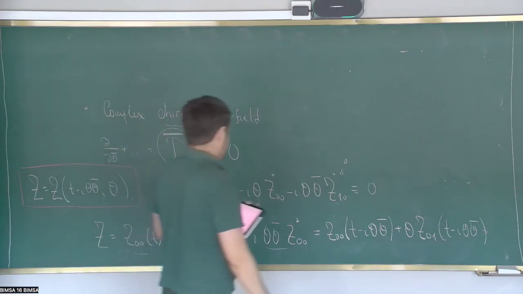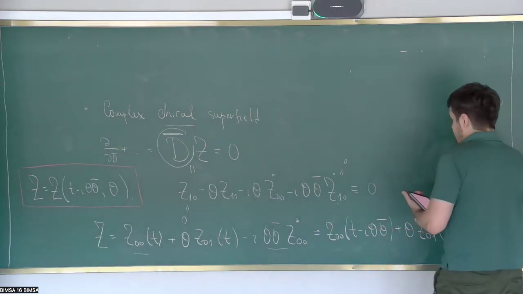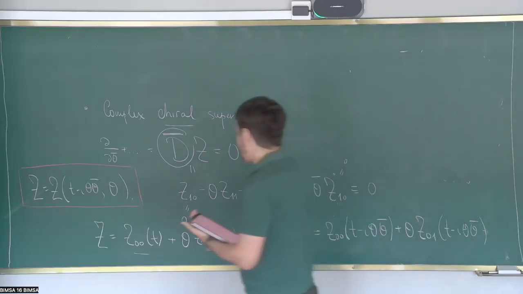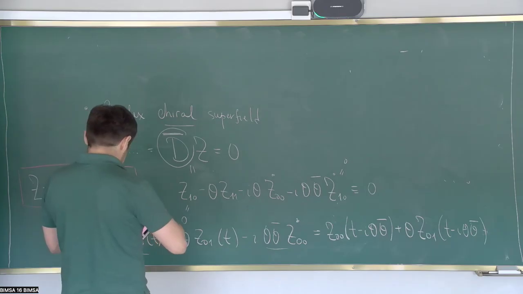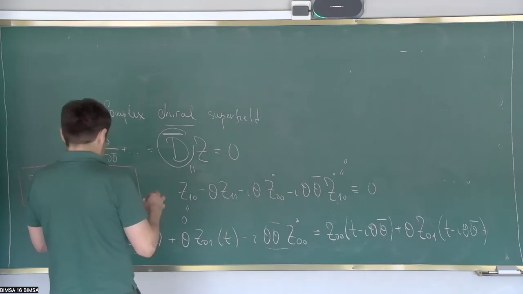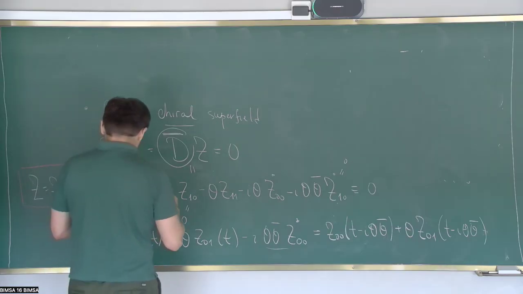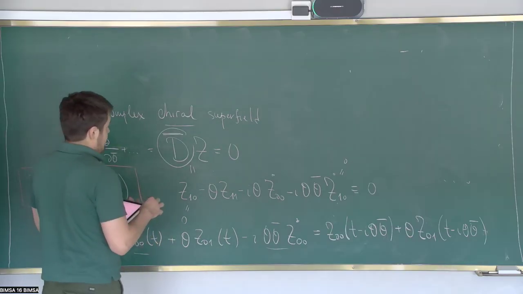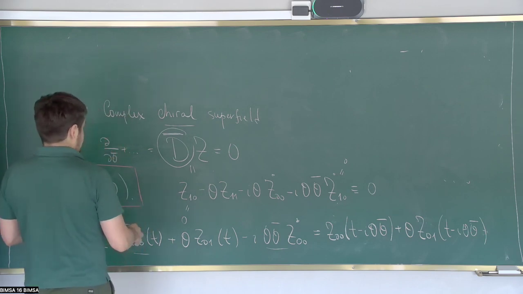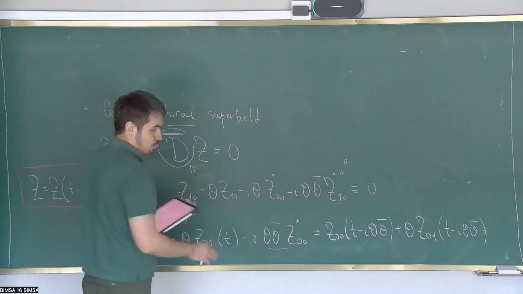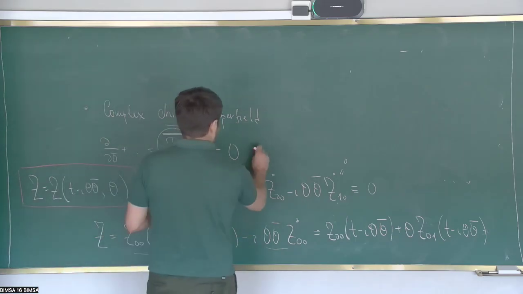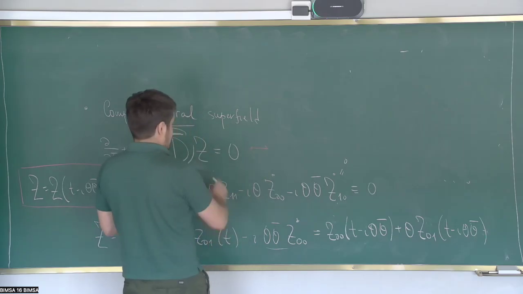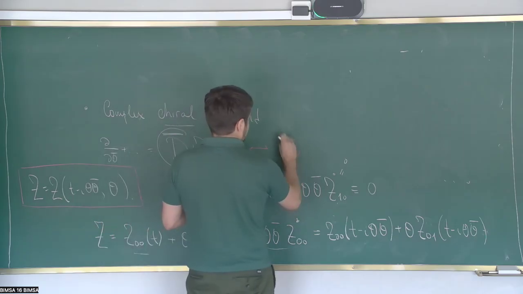Let's make a few comments about this. An important point why this condition makes sense is that it doesn't introduce new constraints on the superfields, because if you act with d bar, d bar squared is 0.